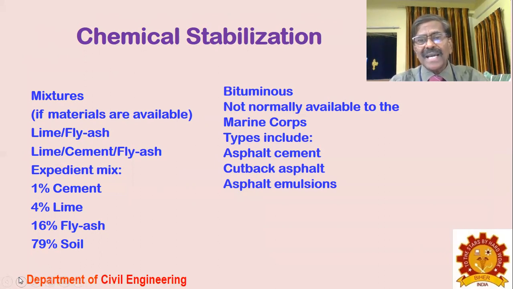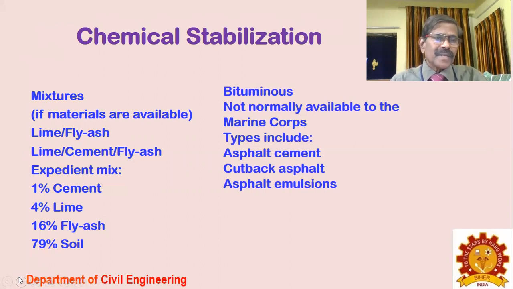Types include asphaltic cement, cutback asphalt, and asphalt emulsions. So these are all the materials used in chemical stabilization, and sometimes a mixture of these admixtures is also used. We said Portland cement separately, lime separately, but not necessarily. A combination of all those things is also possible for chemical stabilization, as explained in this slide.